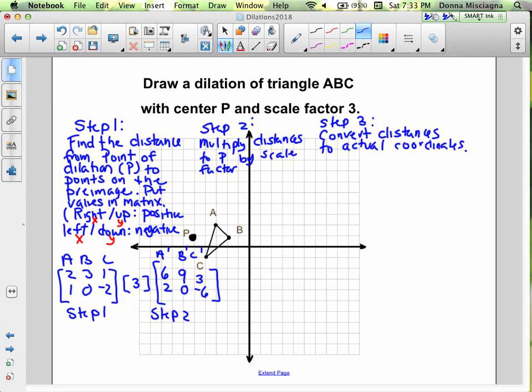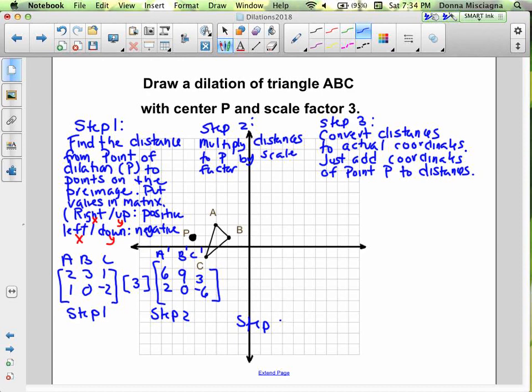All you have to do is just add the coordinates of point P, your point of dilation, to your distances. And so this is step 3.